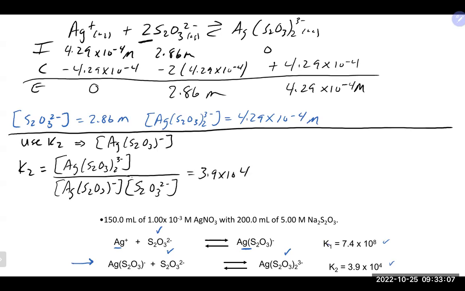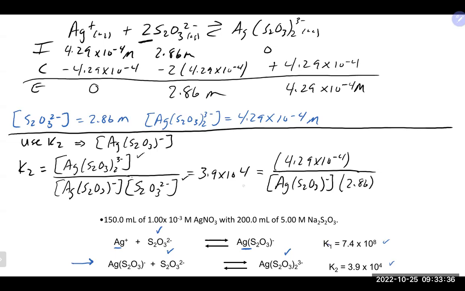And the nice thing about this is I have everything I need. So that guy from above is 4.29 times 10 to the minus 4. We are looking for this guy's concentration. And the next guy, which is our ligand, is 2.86 at this point. Basically, these two guys are going to switch places when you rearrange it mathematically.